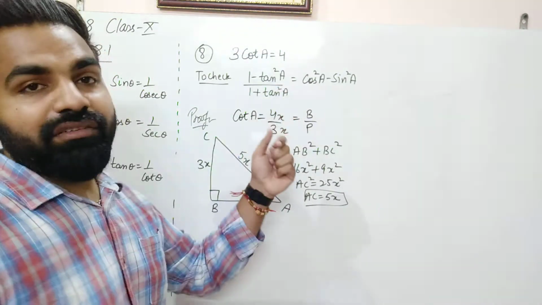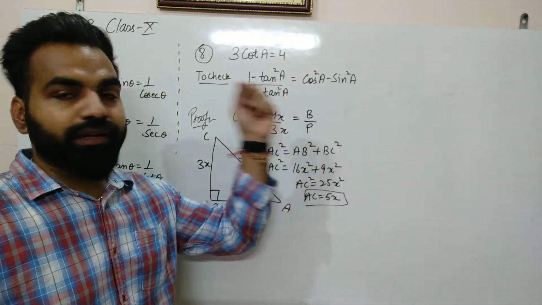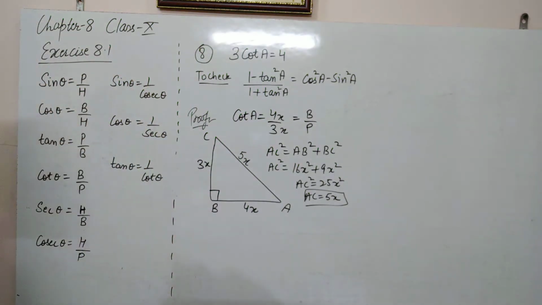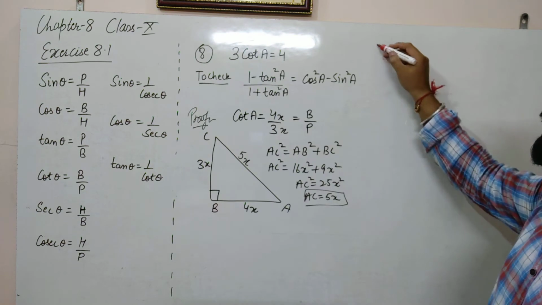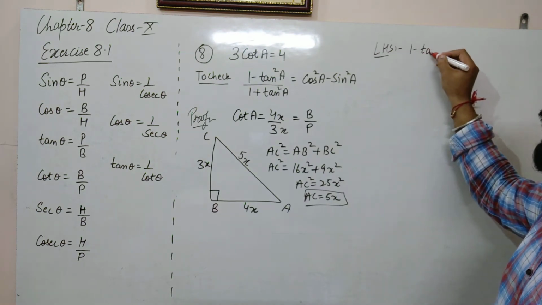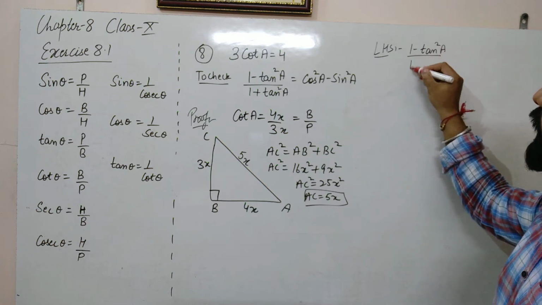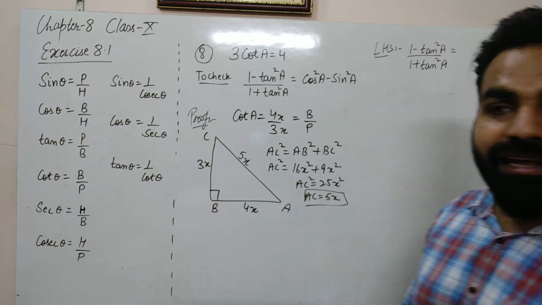We have to check whether (1 minus tan square A) upon (1 plus tan square A) is equal to cos square A minus sin square A. So first of all, let us take the LHS here. LHS is 1 minus tan square A upon 1 plus tan square A. What will be tan A here?